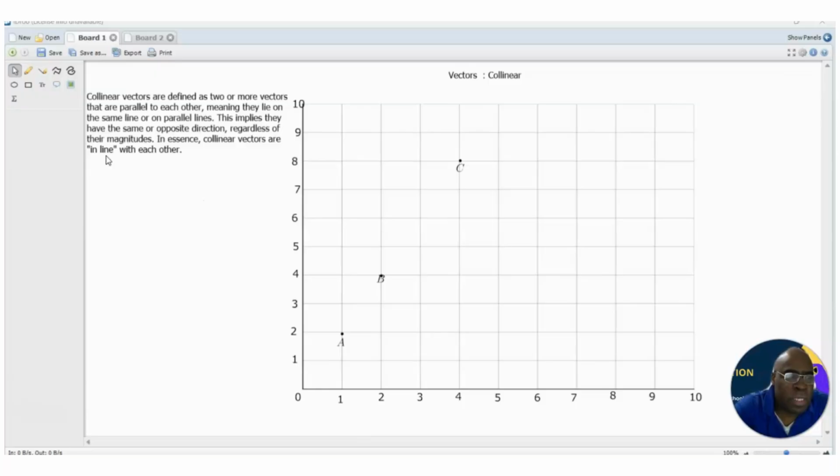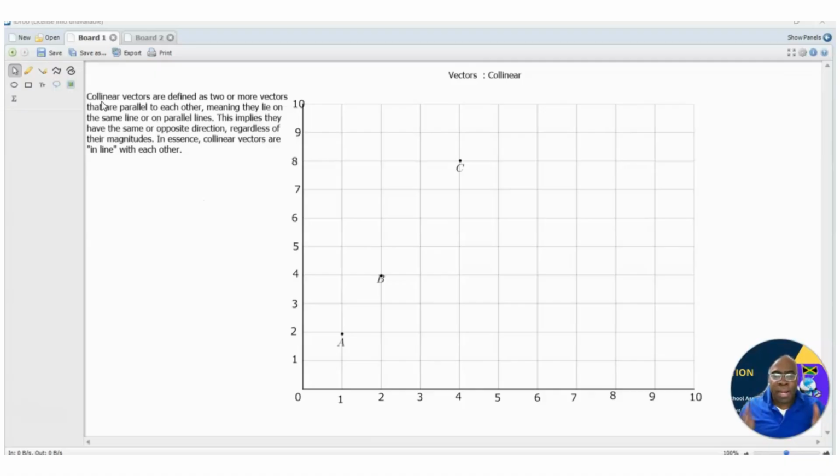Here we have a definition on my left of your screen, which states that collinear vectors are defined as two or more vectors that are parallel to each other, meaning they lie on the same line or parallel lines.